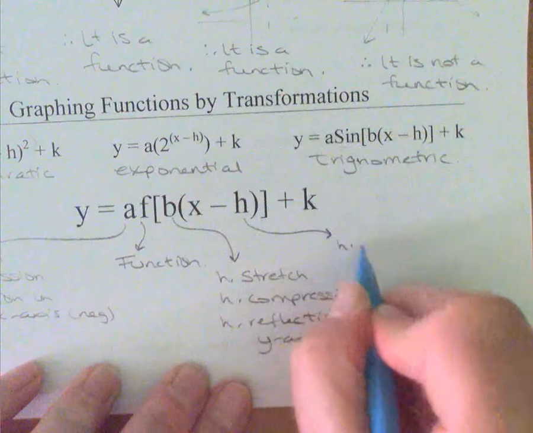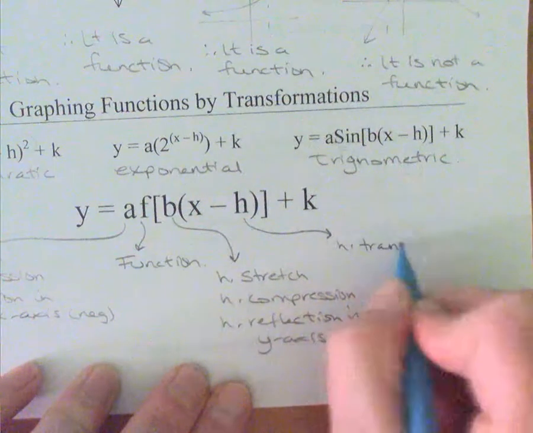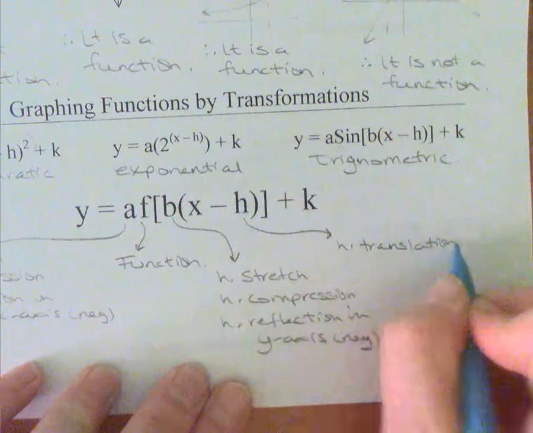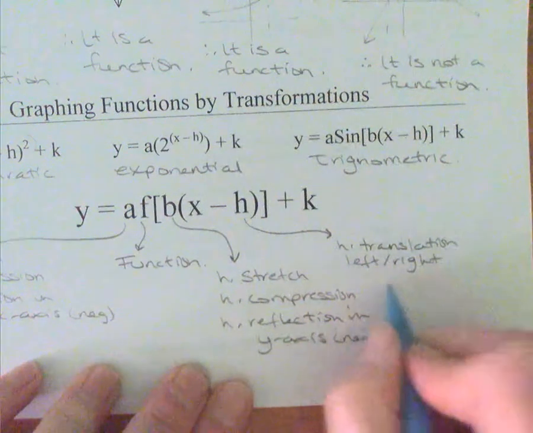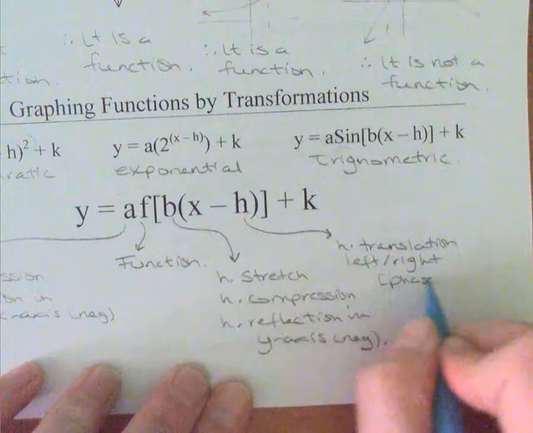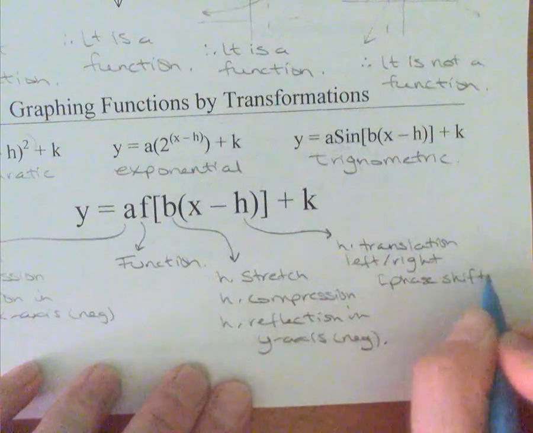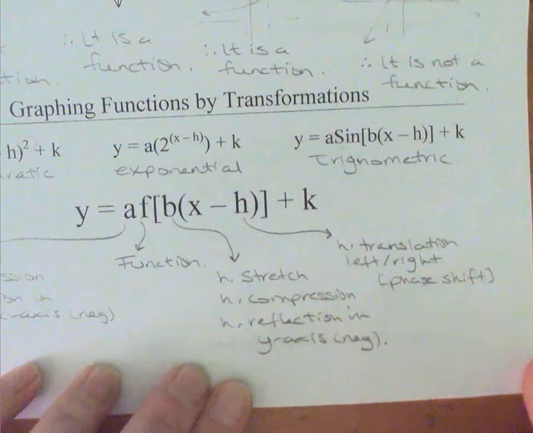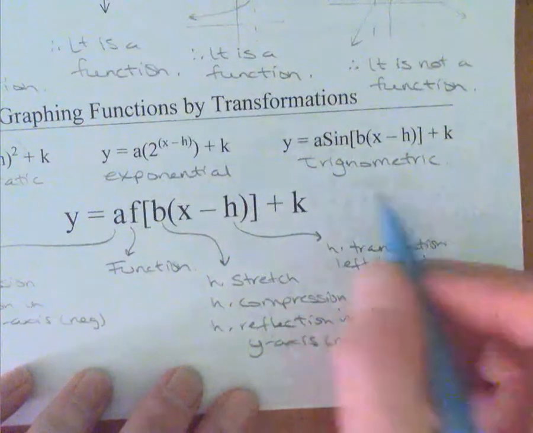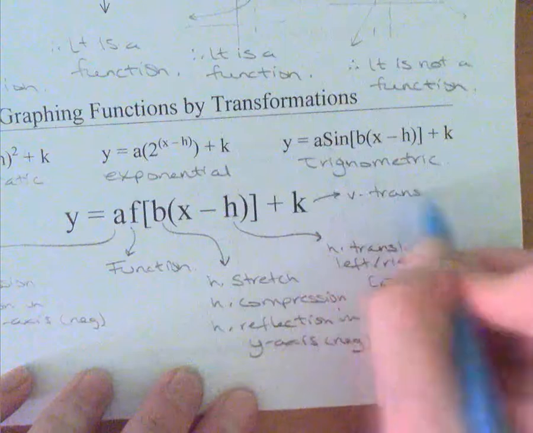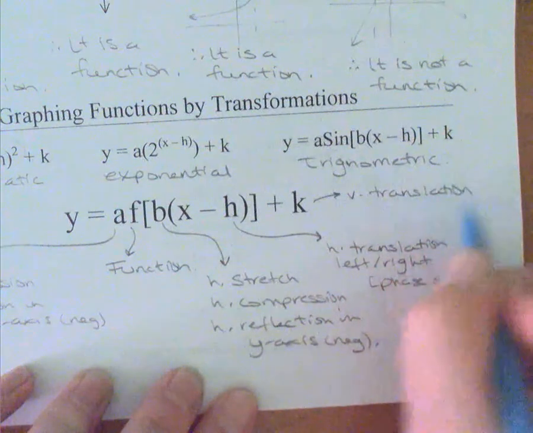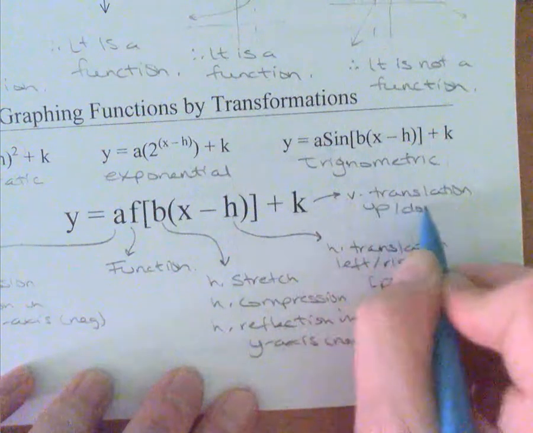H will be my horizontal translation, left or right, and in trigonometry, known as a phase shift. And K is our vertical translation, up or down.